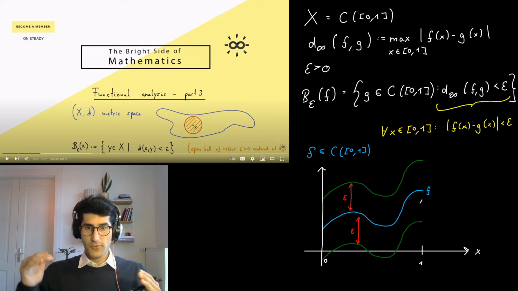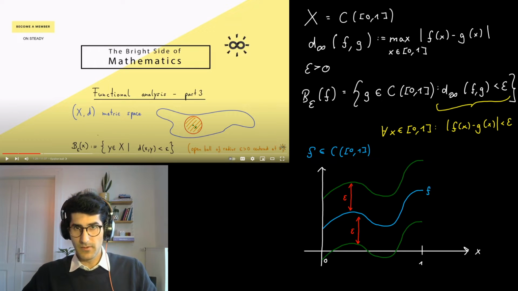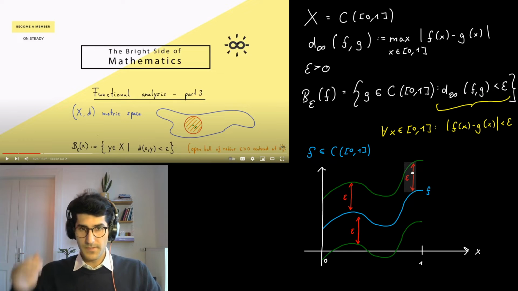And this epsilon tube makes sure, so that's the way it was designed, that no matter at which position I am, the distance will always be smaller than epsilon.